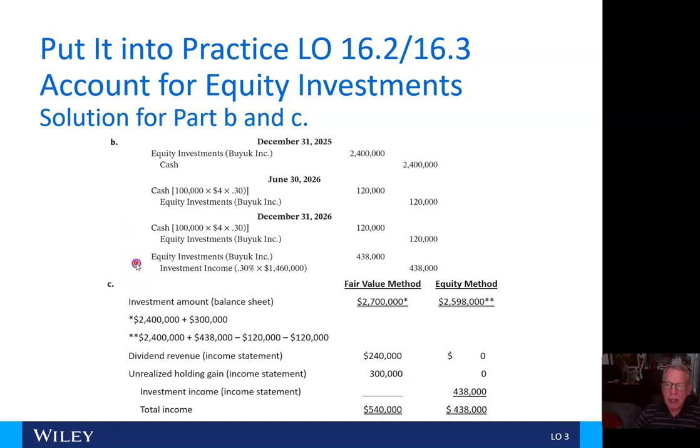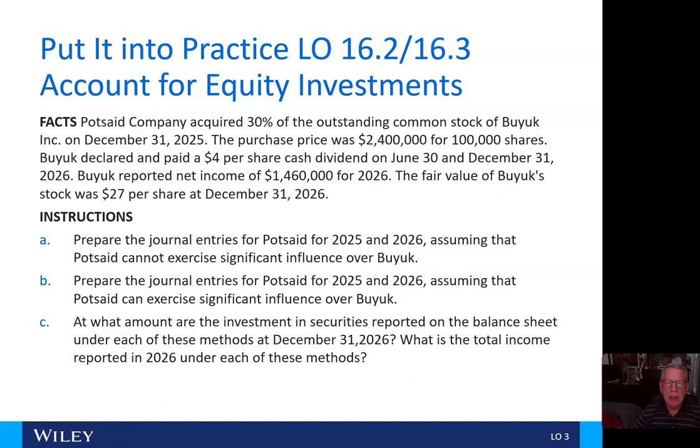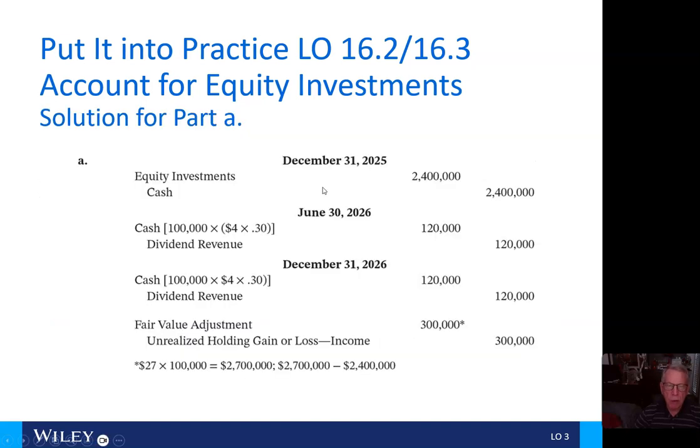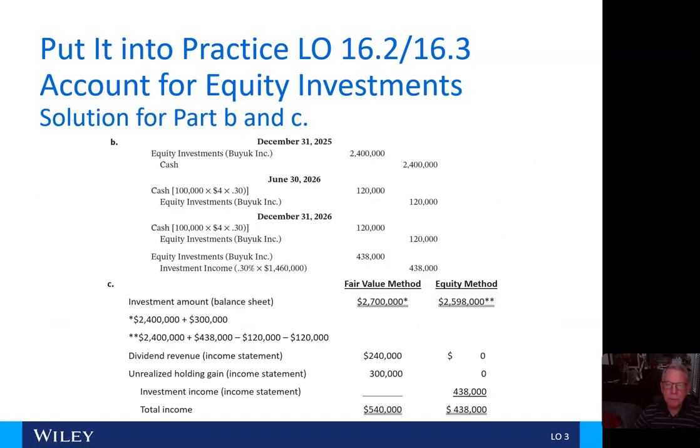And the equity investments in II-Chapt is going to be 30% of the $1,460,000, which was given here in the problem for II-Chapt's reported net income for 2026. All right. So we'll debit equity investments for $438,000 and credit investment income for $438,000.